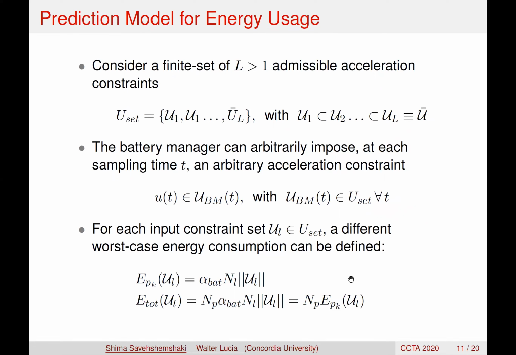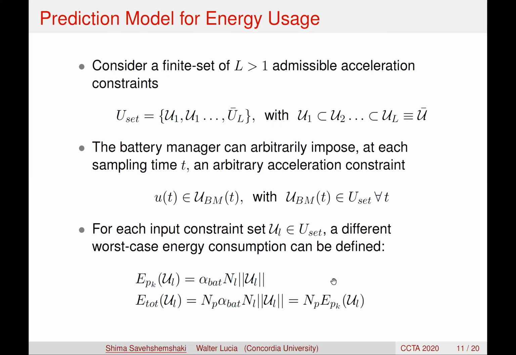In this formula, alpha_bat is a scalar coefficient whose value is a function of the specific battery model. The norm of U_L is the maximum acceleration norm that, in the worst case, U(t) computed by the set-theoretic MPC can be equal to. N_L is the number of one-step controllable sets for the associated U_L.